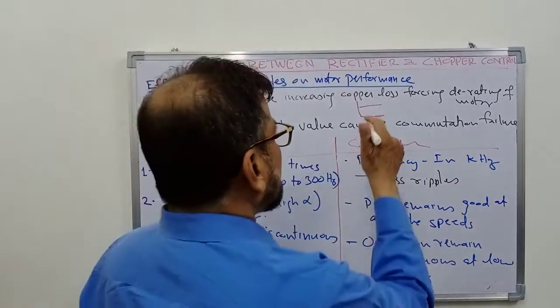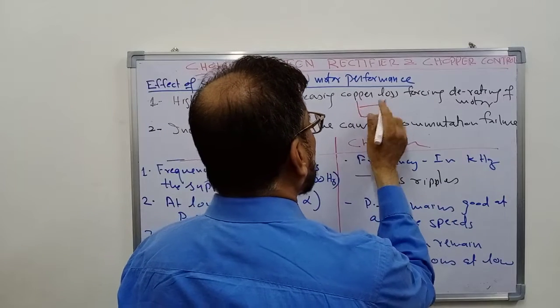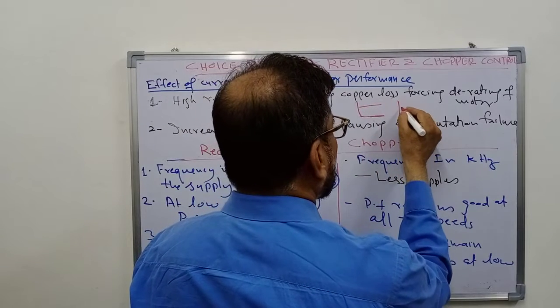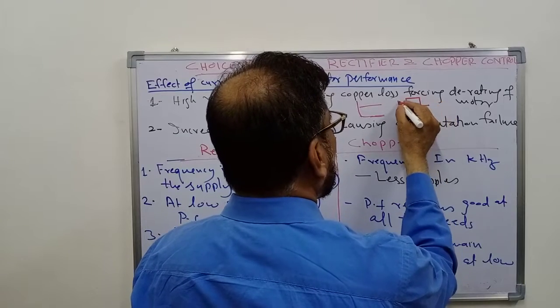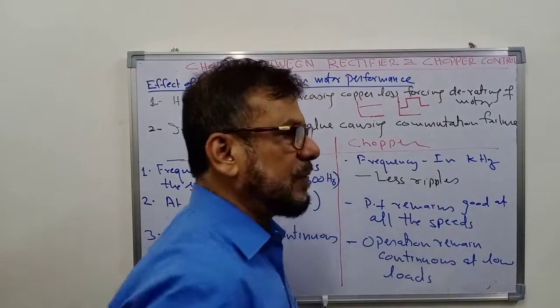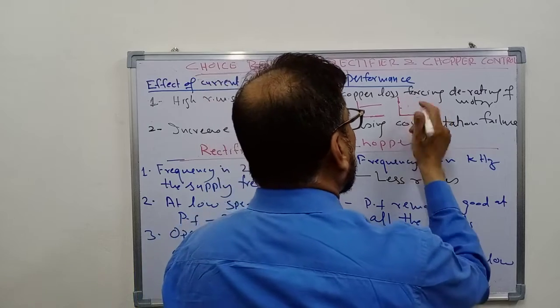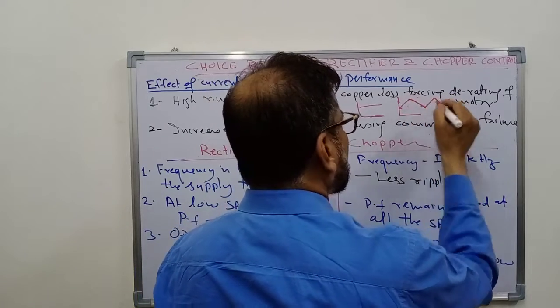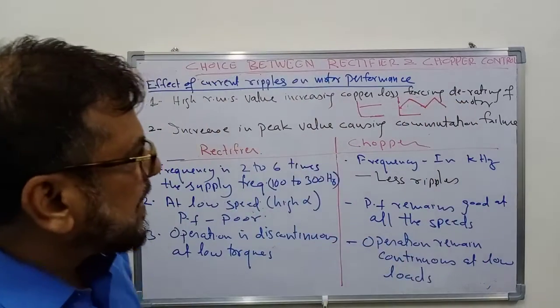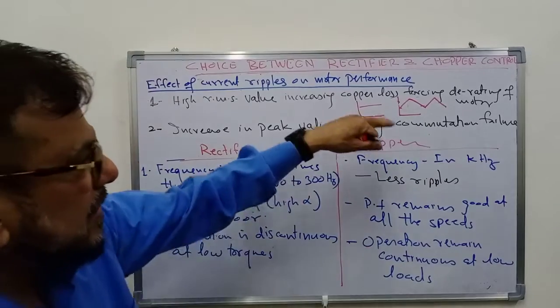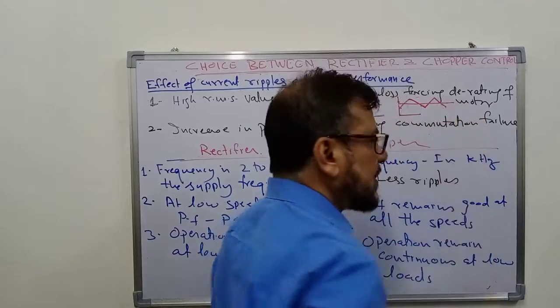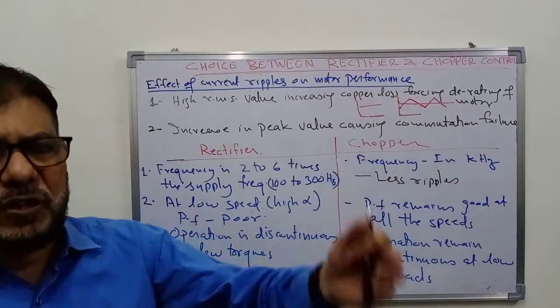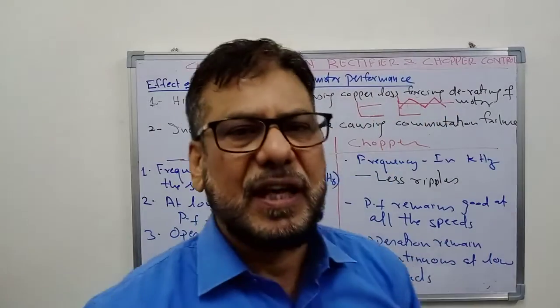But when the supply is not uniform and the current has ripples, like this or this, then the average value is somewhat like this, but the RMS value will be higher than this average value.